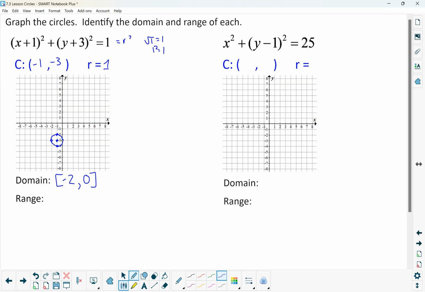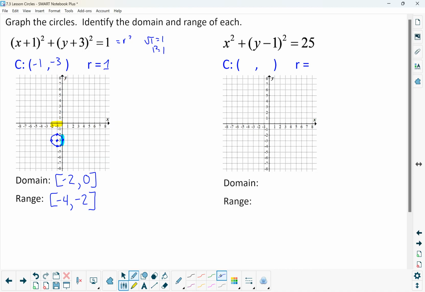It's really tempting to put a 3 there, but 3 is a y value, and for domain, we are using x values. We're basically saying that circle is occupying from -2 to 0 in the x direction. The range is going to use the -2 and the -4 down here. So our range is from the lowest up to the highest: -4 to -2.